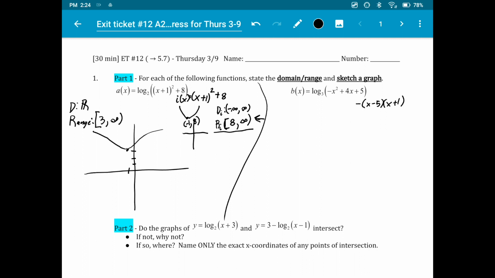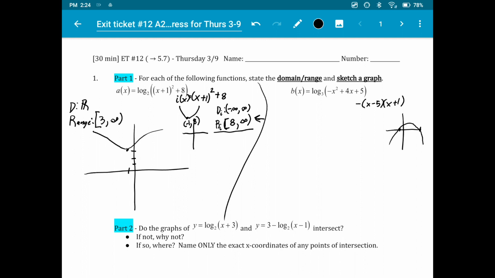So our inside function is a downward opening parabola that has roots at -1 and 5. So it looks like this. That is only positive between -1 and 5.